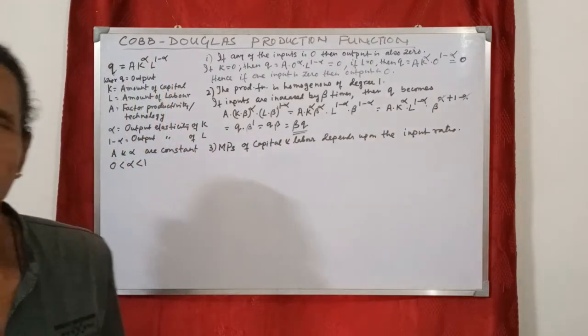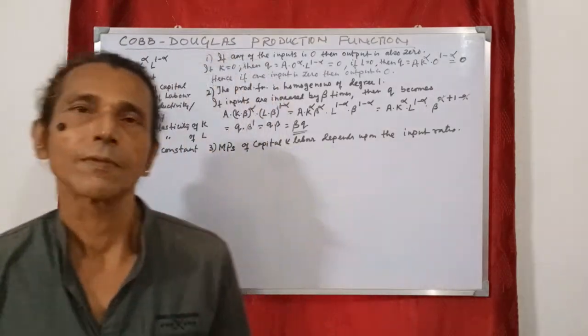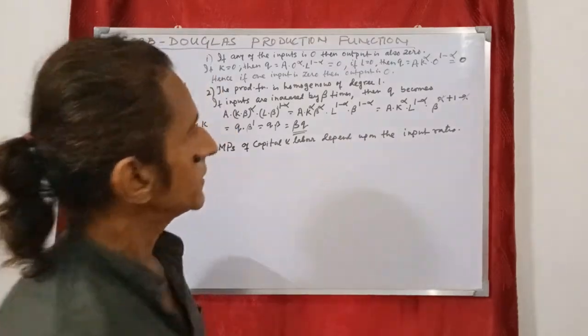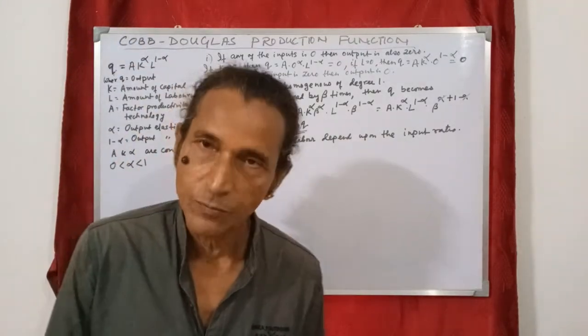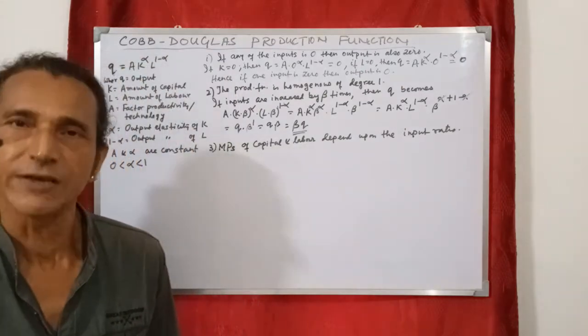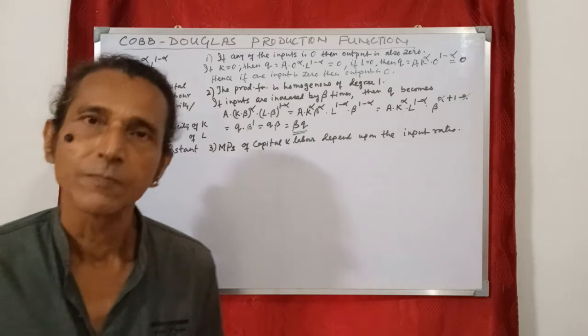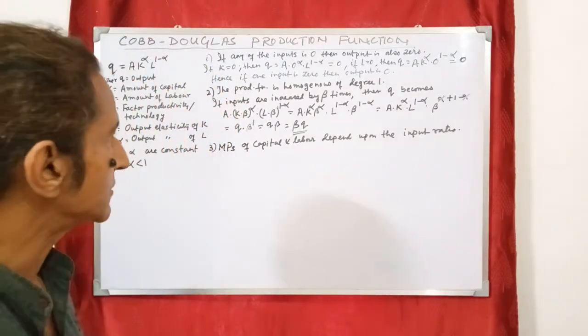Marginal productivities of capital and labor depend upon the input ratios. That means if input ratios are kept fixed, then the marginal productivities will also remain constant. Let us see how it happens.